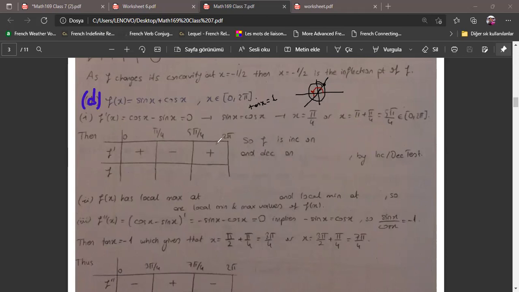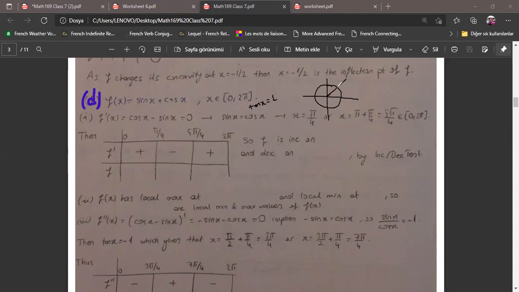Okay, now we just pick any point from here to determine if f prime is positive or negative. Let's do that on this table too. All right, now when we're in between 0 and pi over 4, what do we have here?